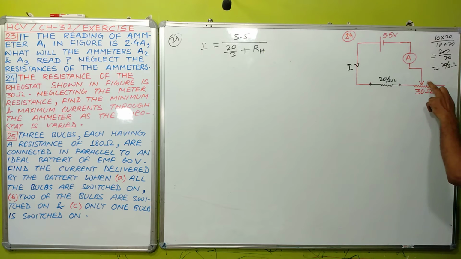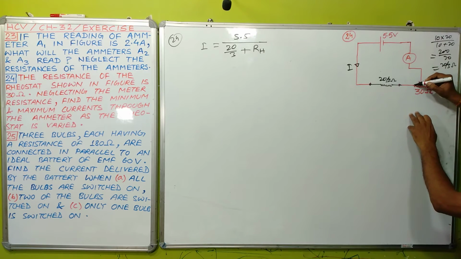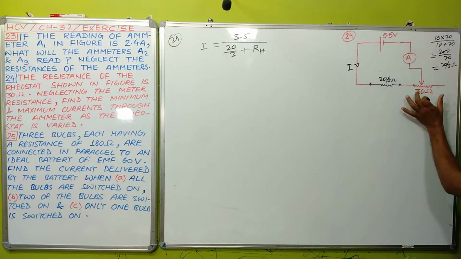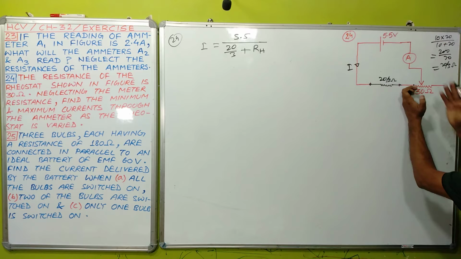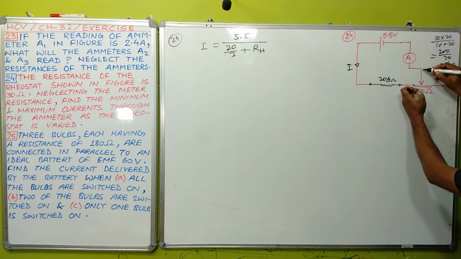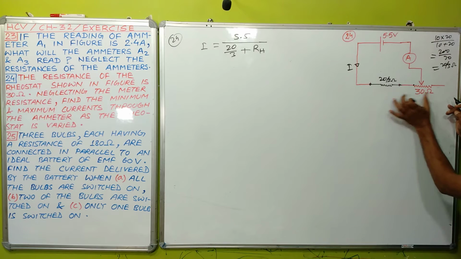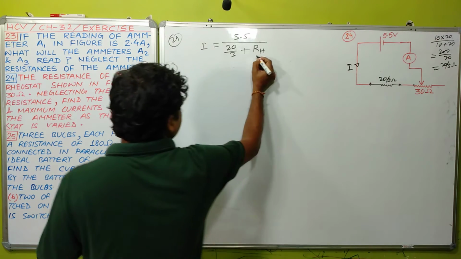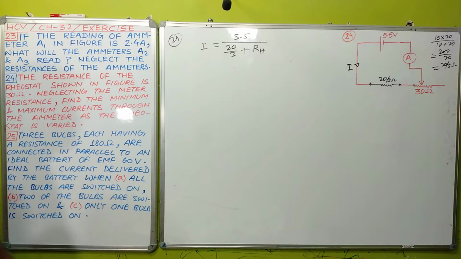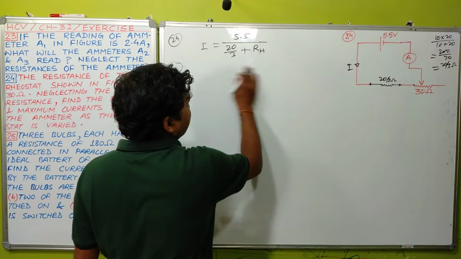When the jockey is at this position, no part of the rheostat resistance will come inside this circuit. And if the jockey comes to this position, then the total 30 ohm will come in series with this resistance. So the value of resistance RH will be variable, and so we are writing it as RH.